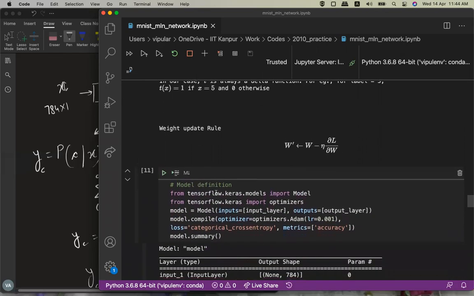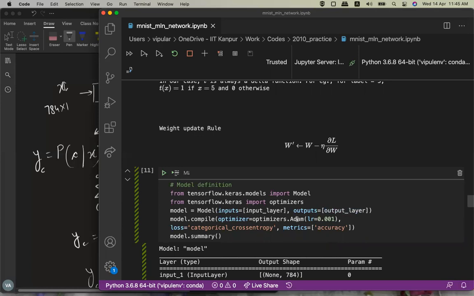So what do I do? I will put my model together. I will say my model has the input as the input layer and the output as the output layer, and then I am compiling this model and I am using the Adam optimizer.